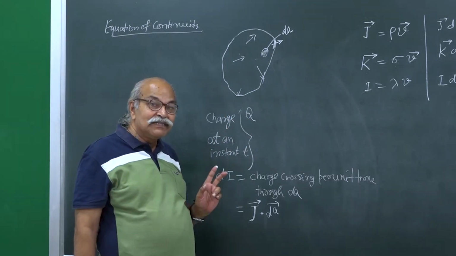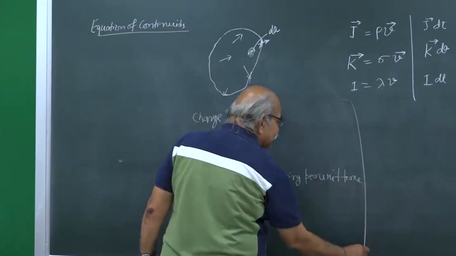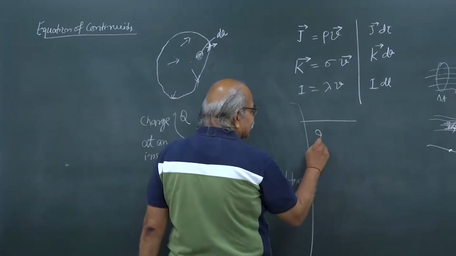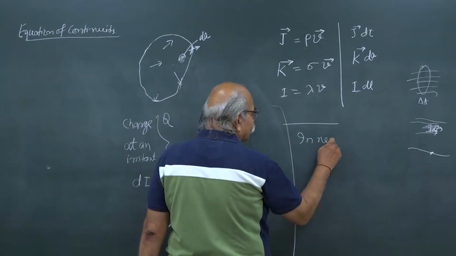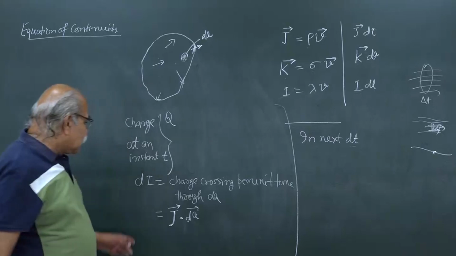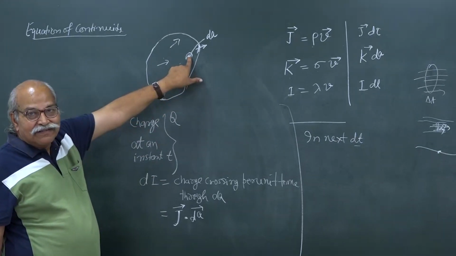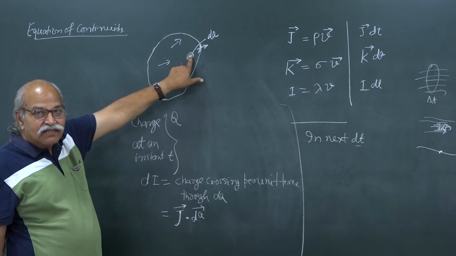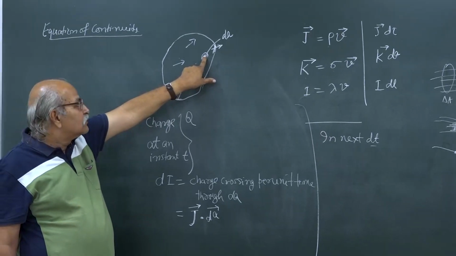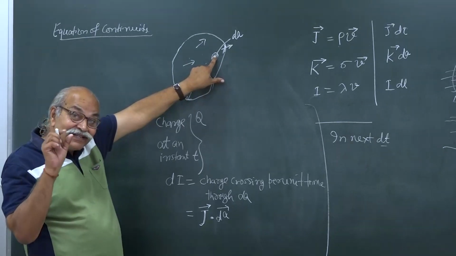Now, what happens in the next dt? Okay, so this is all at time t. Now, in the next dt, how much charge has crossed this particular dA in that time interval dt?